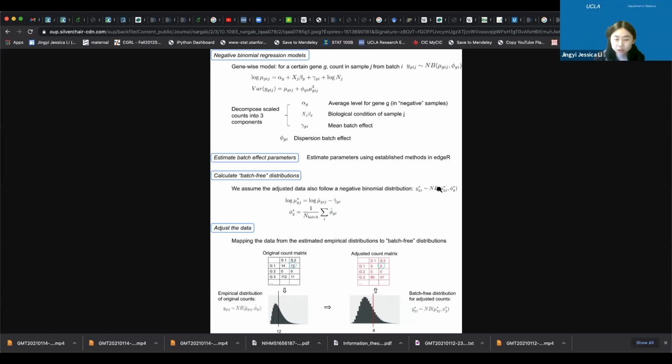And you are going to keep the probability. So for example, if the original count corresponds to, say, left tail probability equal to 0.1 in this negative binomial, then you're going to get the same 0.1 quantile from this new NB, and that will be the new count. So basically, after that, your original count matrix will be adjusted to the new count matrix.